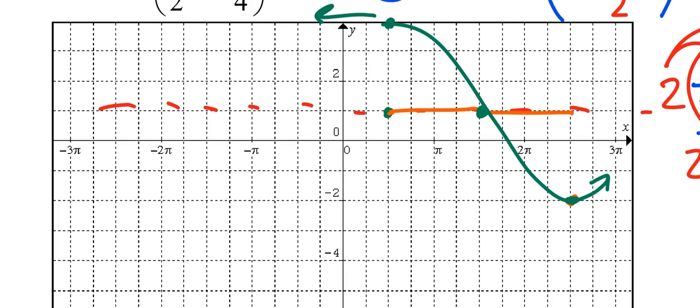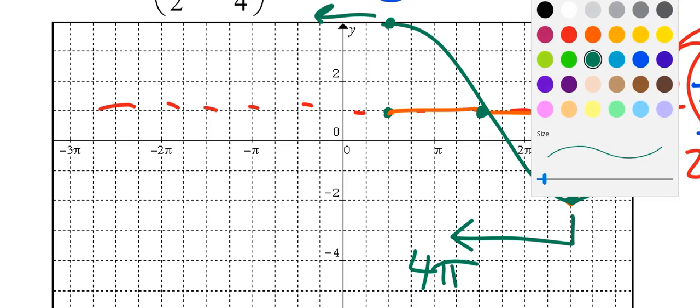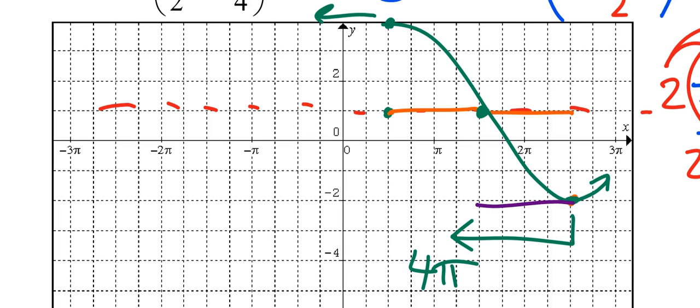Is there any way that I could use that information to go the opposite direction? Like, for instance, how far to the left should I go from that dot to find another low value? 4 pi, right? So we can do that. That's on screen right there. Let's see here. 4 blocks, there's 8 blocks, 12 blocks, 16 blocks, right there.